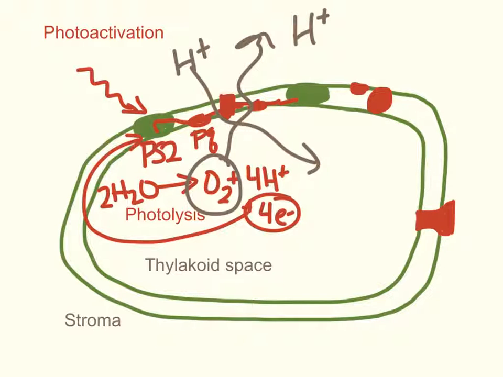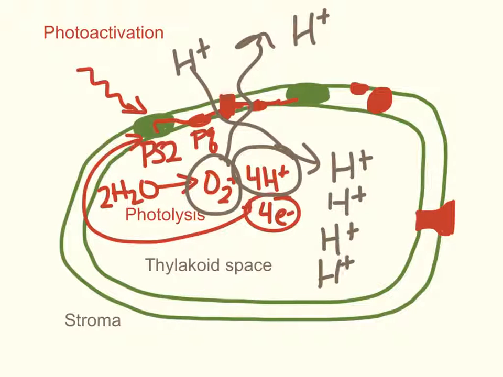Those protons drawn in by the electron transport chain, along with the protons generated from photolysis, are going to make a big proton gradient on the inside of the thylakoid space.